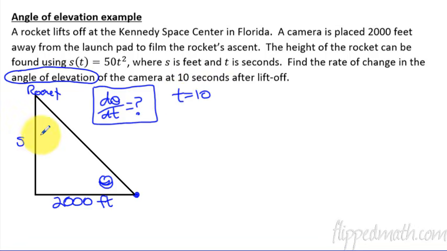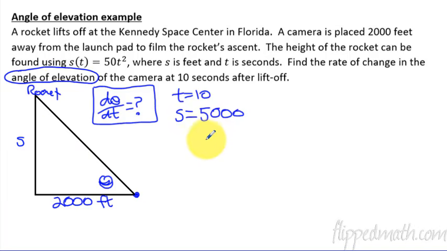Well, if t equals 10 seconds, how high is the rocket? That means at the moment when s equals, plug in a 10 here, you get 10 squared. That's 100 times 50, that's 5,000. So the rocket is 5,000 feet high. So 10 seconds, 5,000 feet high, that's what s is.